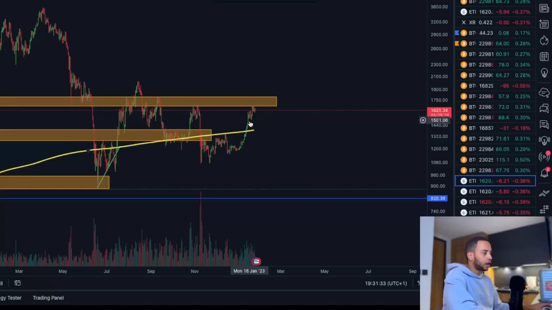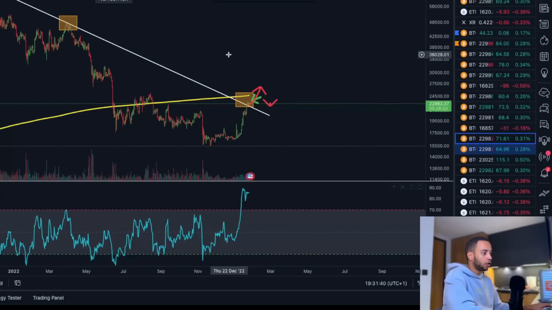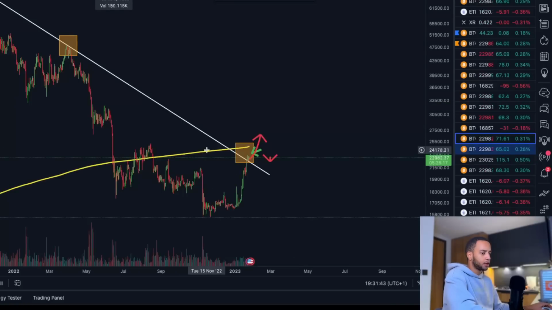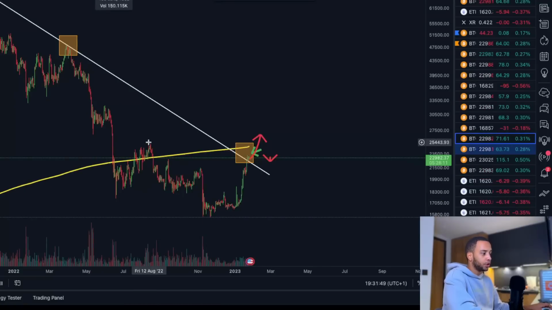So again, everything coincides with Bitcoin really being the main player right now, being in undervalued categories, not following the RSI, but very much following the 200 weekly moving average. You can see Ethereum's already crossed that. And Ethereum is facing some major resistance from pretty recently. And Bitcoin has already gone past the majority of those.